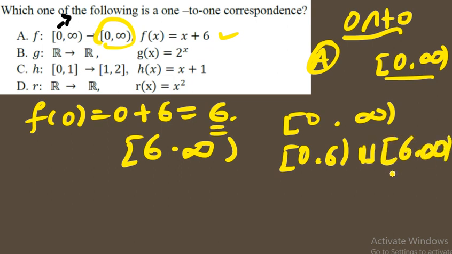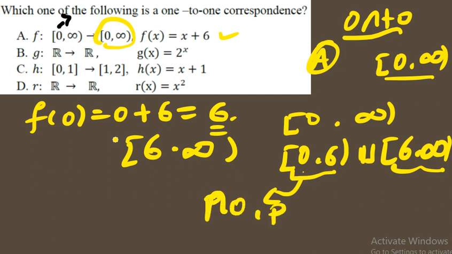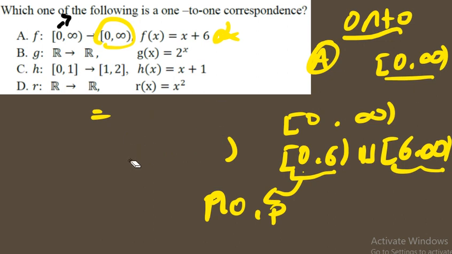But what we have as a range is 0 to infinity. There are numbers from 0 to 6 that have no pre-image. So this function is not onto. It's one-to-one, but it's not onto, so it doesn't satisfy the one-to-one correspondence condition.